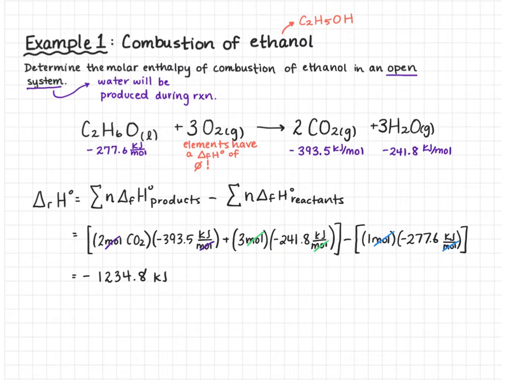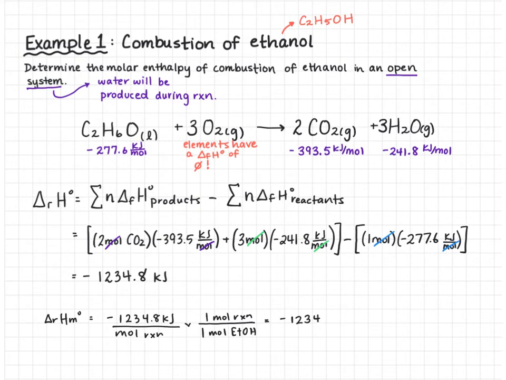Now the question has asked us to find the molar enthalpy of combustion, so this is not a molar enthalpy yet. We need to look at our balanced reaction. This enthalpy change corresponds to 1 mole of ethanol. In the reaction as written, we have 1 mole of ethanol, so in this case our reaction enthalpy is equal to our molar enthalpy, but it's always important to double check.